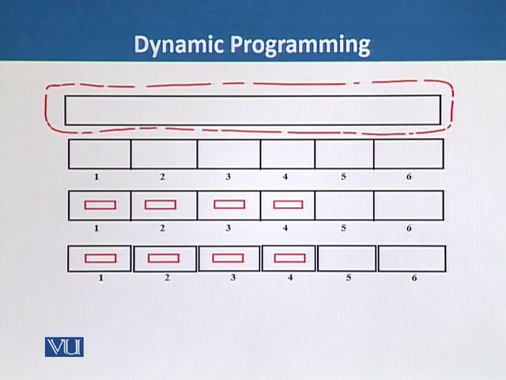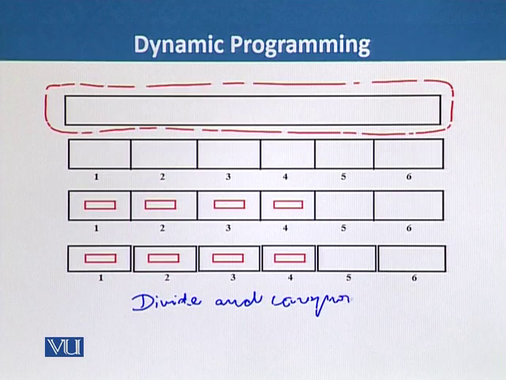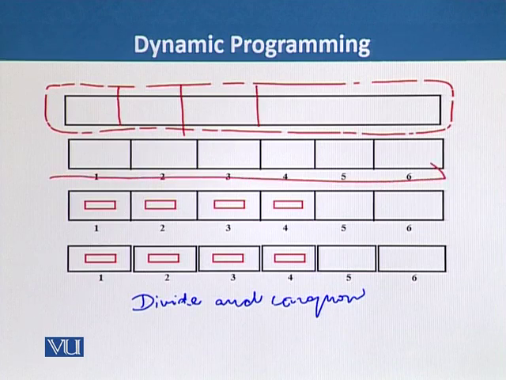We know that dynamic programming basically works by using the divide and conquer phenomena. First it will divide the problem into smaller sub-problems, as we have seen in the second block. So this main block is divided into 6 smaller blocks.